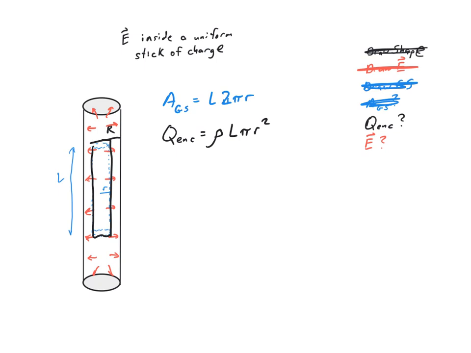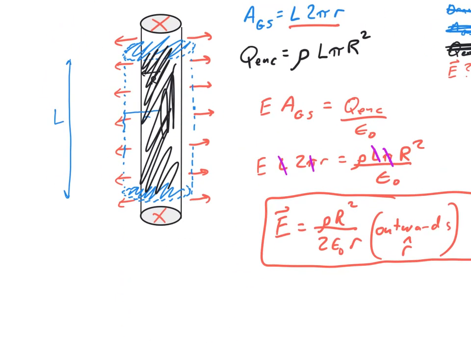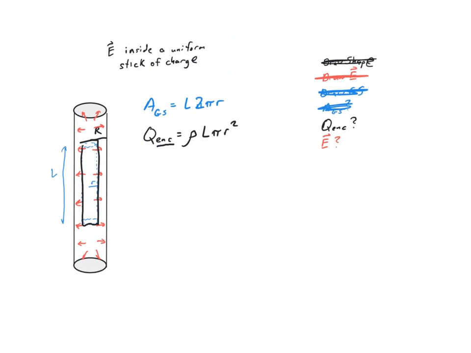This is why I don't say it's the charge of the Gaussian surface, it's enclosed, because in this case it's only out to the Gaussian surface, whereas in the previous example, the charge only goes to the edge of the object. That's why I use this term enclosed. It's enclosed by the Gaussian surface.